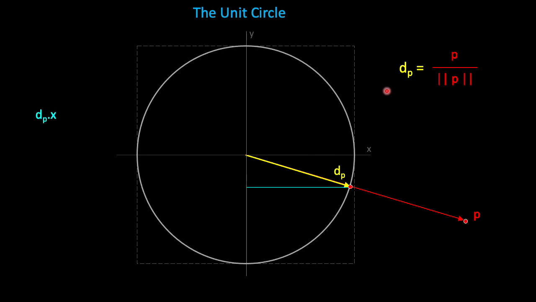Now, we still get x and y components of this point. And yes, these still correspond to the cosine and sine of the angle, which in this case, it would either be a very large positive angle coming all the way around almost a full circle from the positive x-axis, or it could be a negative small angle.